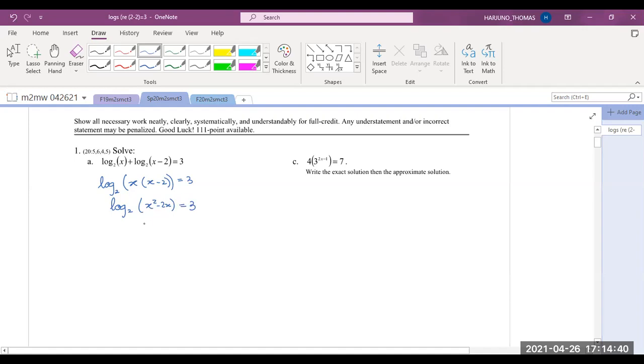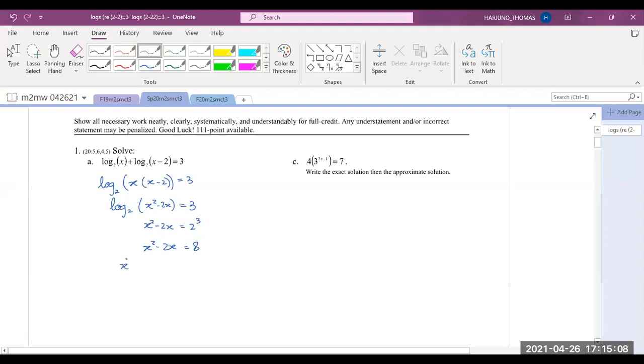Change it into exponential form. This is 2 cubed, that's x squared minus 2x equals to 8. Then we move to one side, that's minus 8, and then we factor it, that's x minus 4, x plus 2 equals to 0.